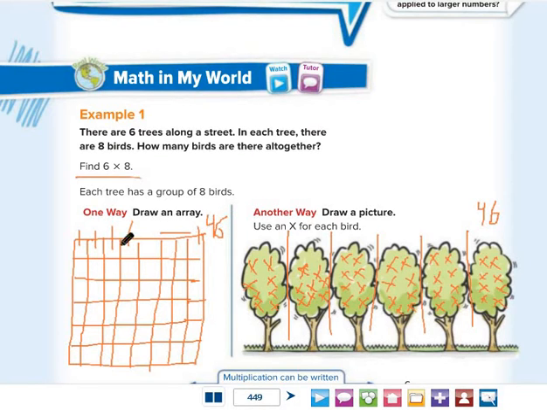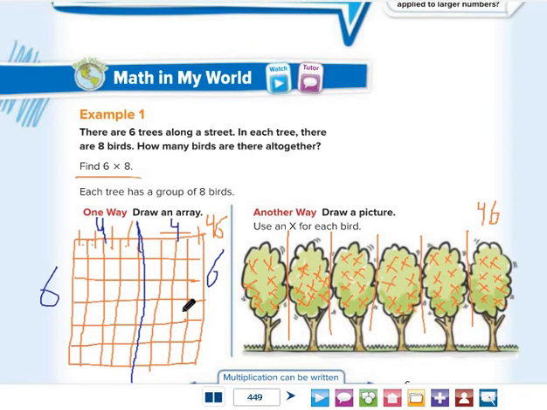Or even, since this is a large fact, we know that 8 times 4, here we have 1, 2, 3, and 4. We can decompose this large fact, or this large array, into 2 equal arrays. You know that 6 times 4 equals 24, and 6 times 4 equals 24 again.